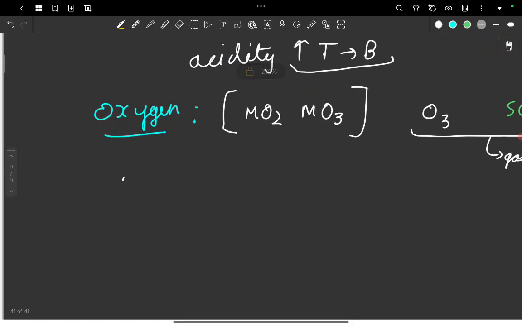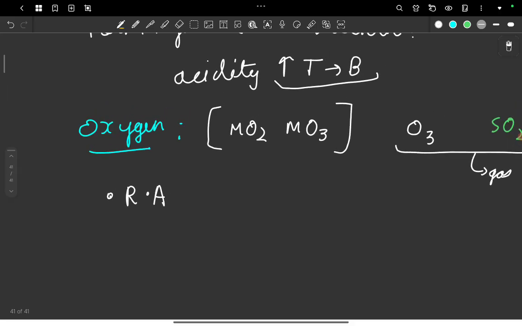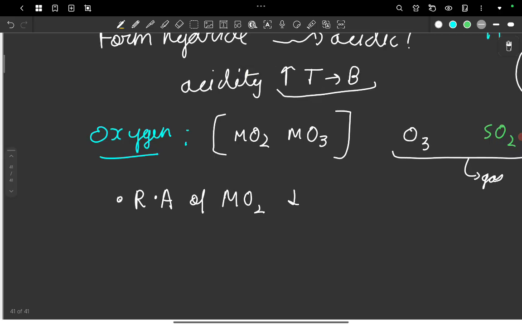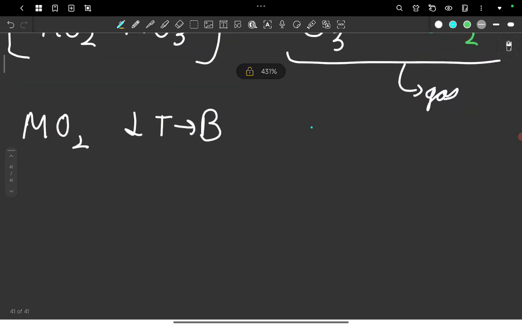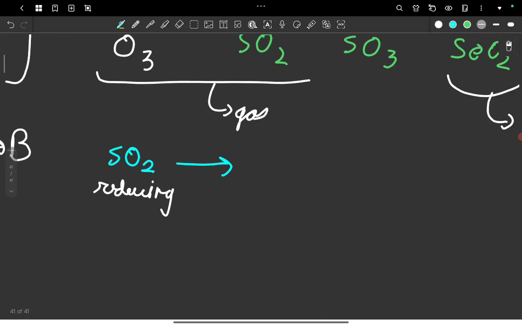So the reducing agent power of MO2 decreases top to bottom. What does this mean? This means that while SO2 primarily acts as a reducing agent, as soon as you go to tellurium dioxide, it is suddenly an oxidizing agent.